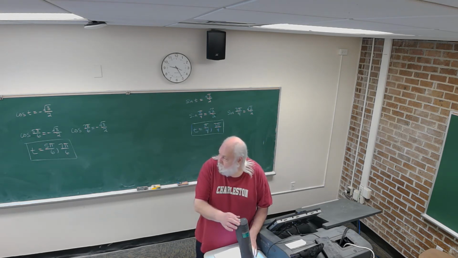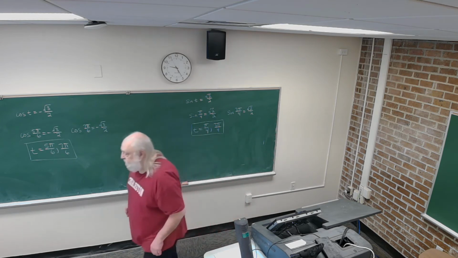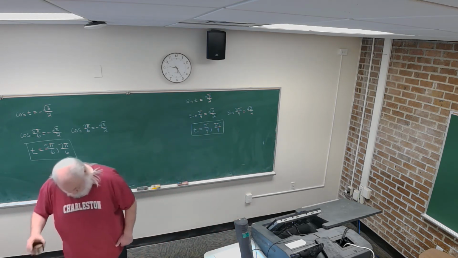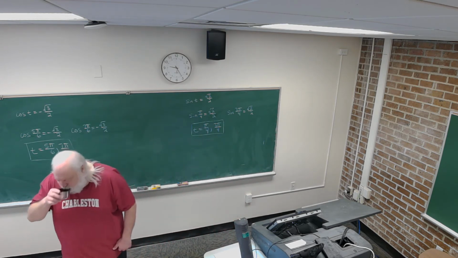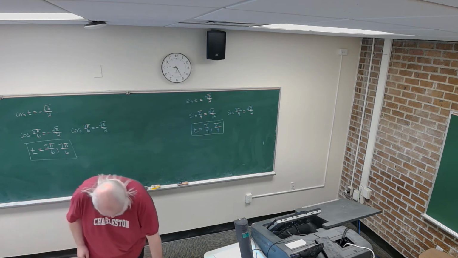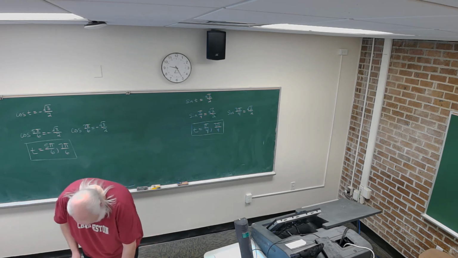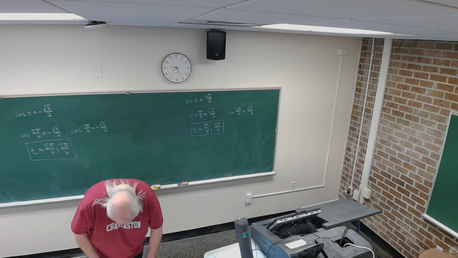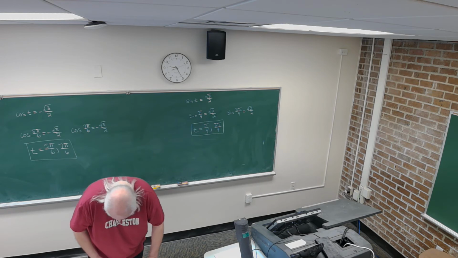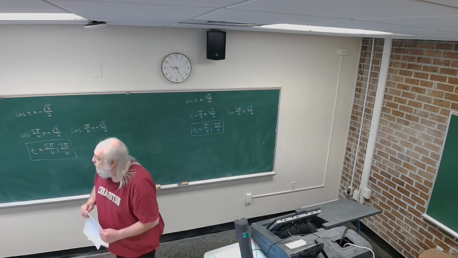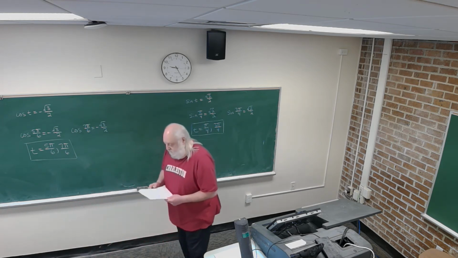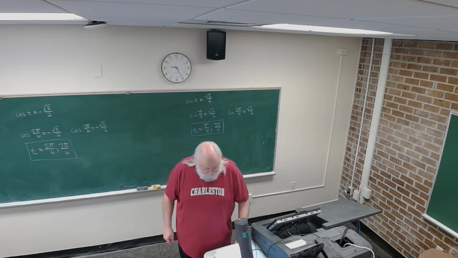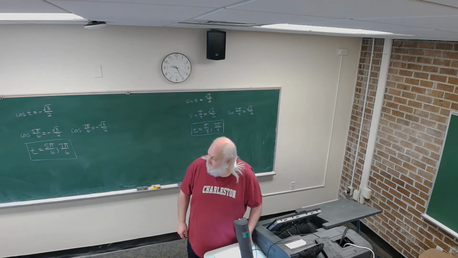All right, so in this section, 4.3, we talk about the graphs of the sine function and cosine function. Now, the role of x and y is different in this section from the previous section with the unit circle.